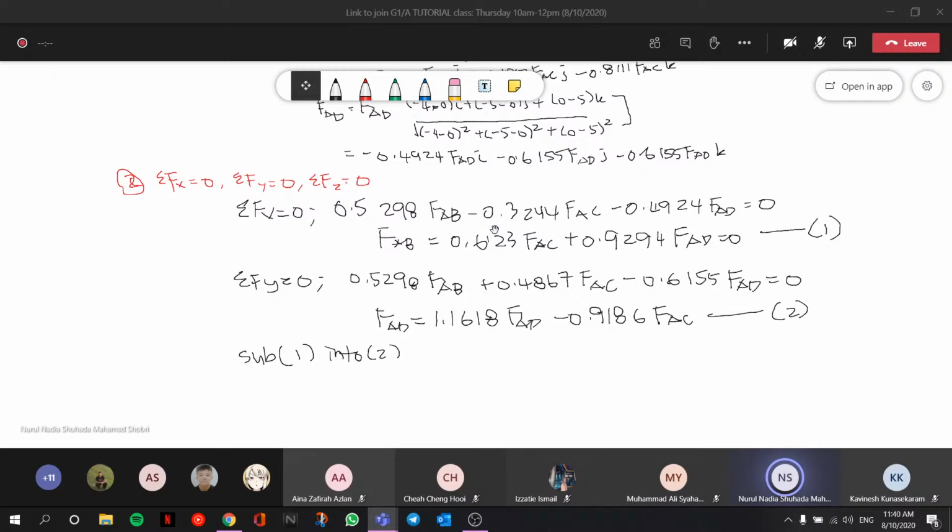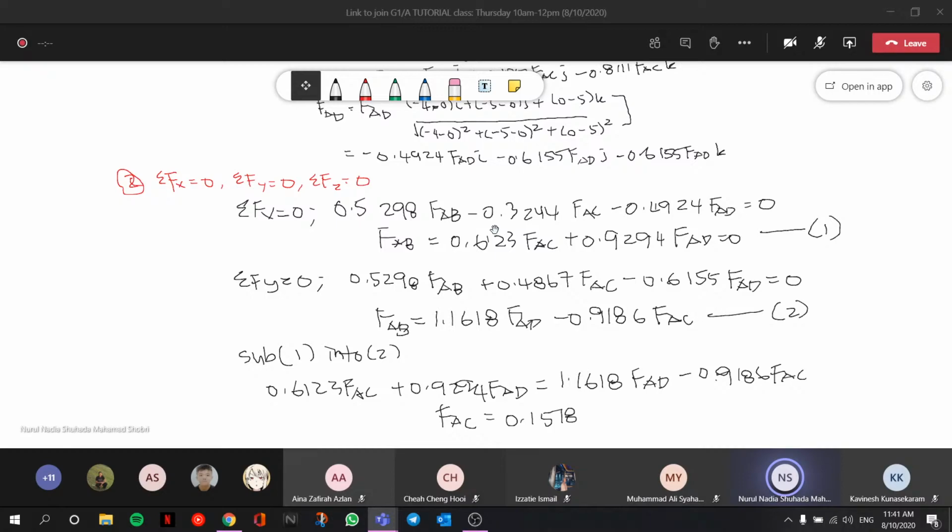Okay, basically we get... then from this one, we simplify again the equation so that we can minimize as many unknowns as we can. So this is equation 3.